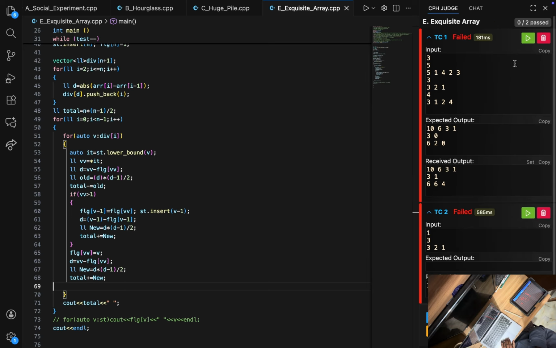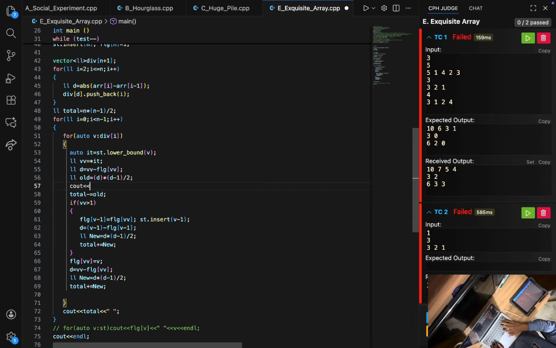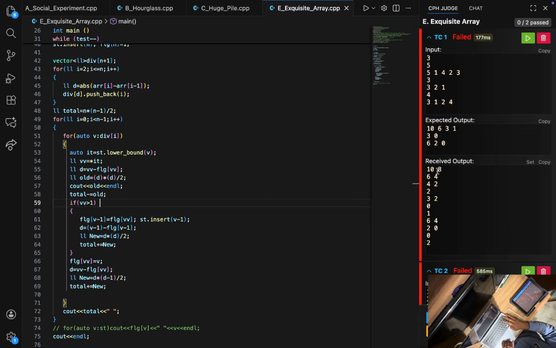Three 2 still giving me 2. 10 7. Let's see. Oh, it had a plus 1. Something like, let's say 1 4. I'm doing a so it's 3. Let's say that's correct or not, just see that, but 10.